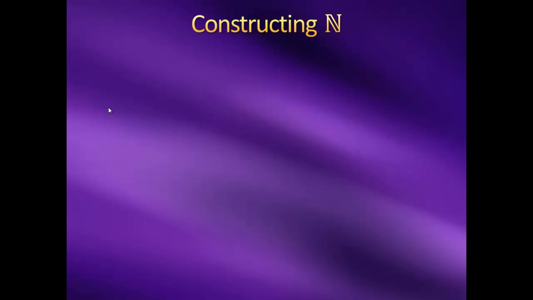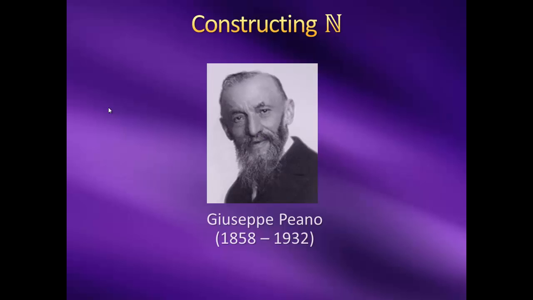The natural numbers, in a way, are our most basic set of numbers. They're the numbers we use to describe all sorts of objects in the real world when we count them, hence the name. But how can we actually create the natural numbers? That's a question that was answered by Italian mathematician Giuseppe Peano. Peano laid out a set of 5 axioms that define the natural numbers.